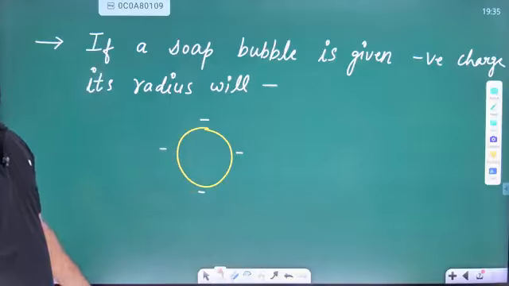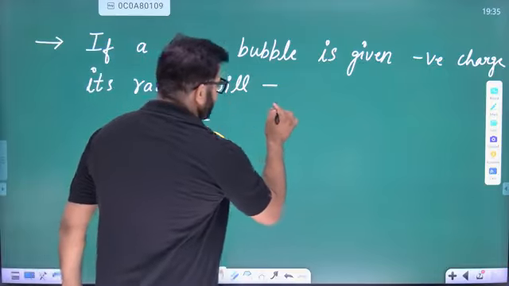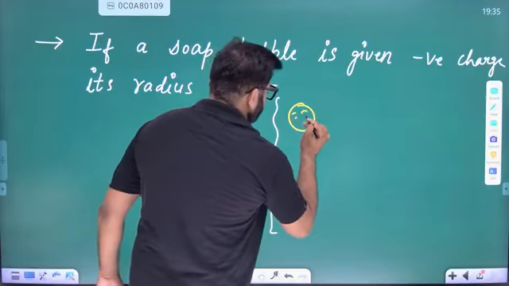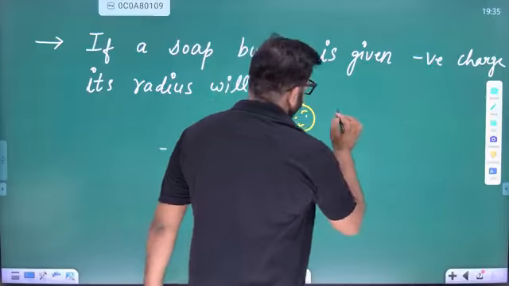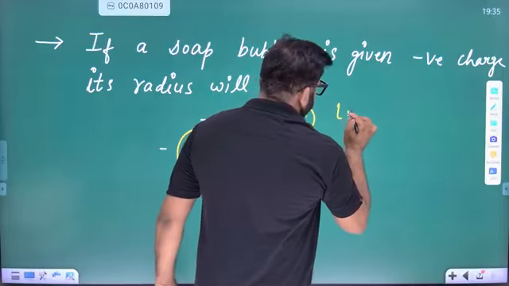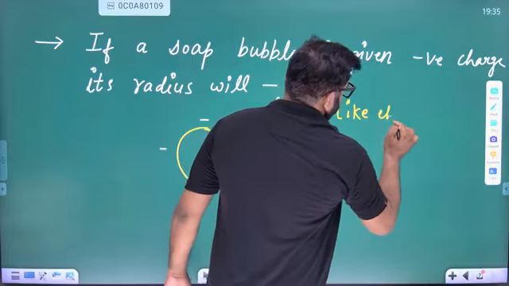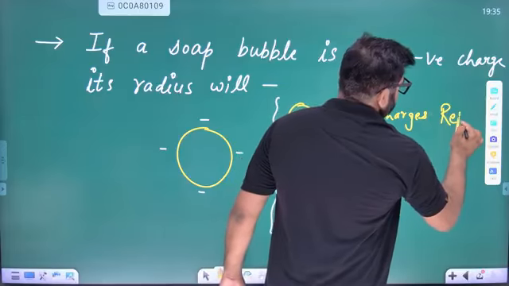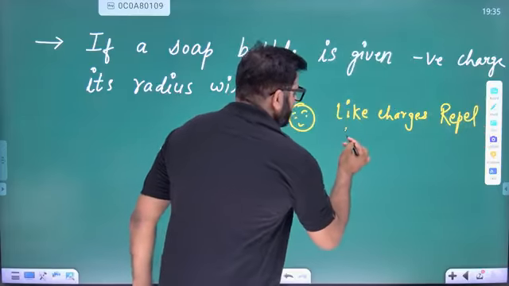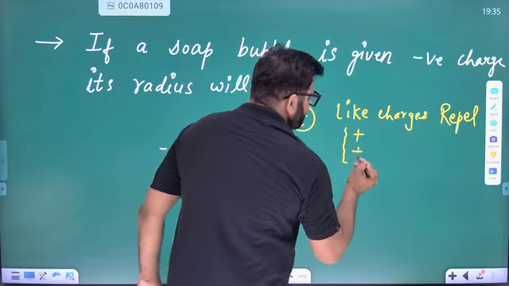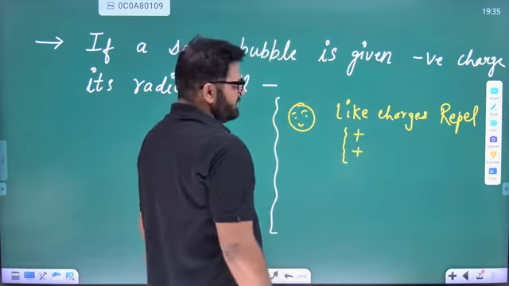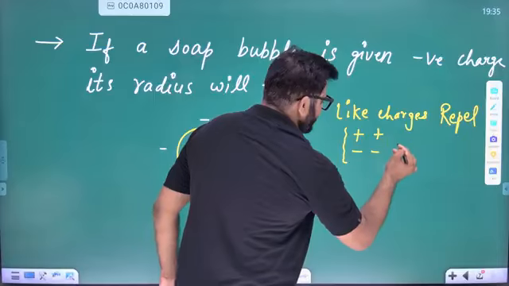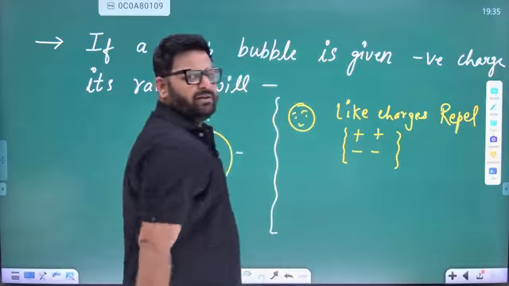If you want to solve it, you must know a very simple property: like charges repel. What do we mean by like charges? Positive with positive, negative with negative.